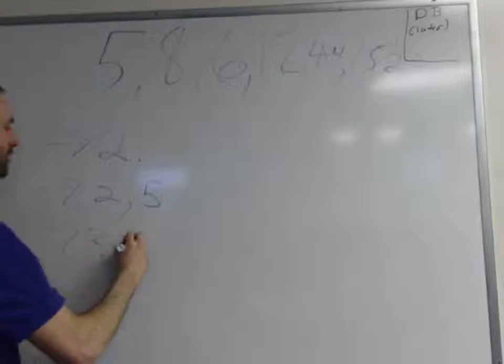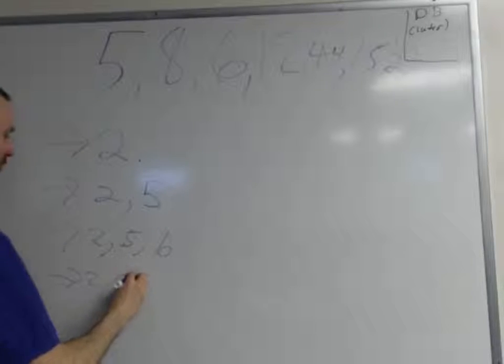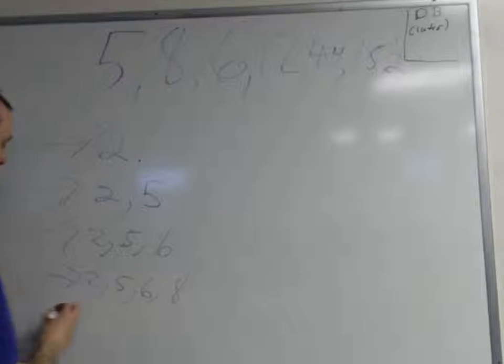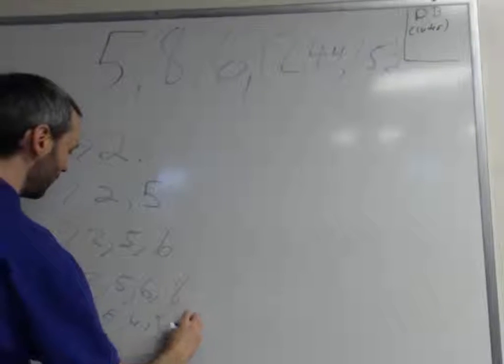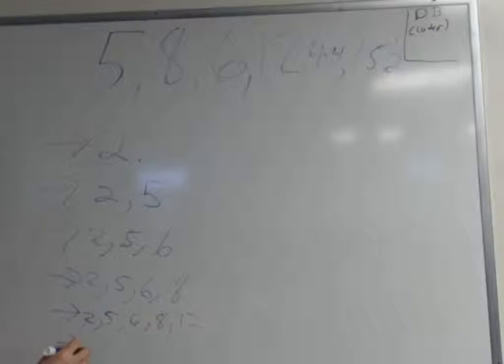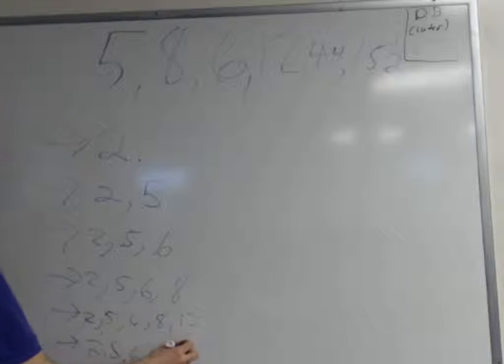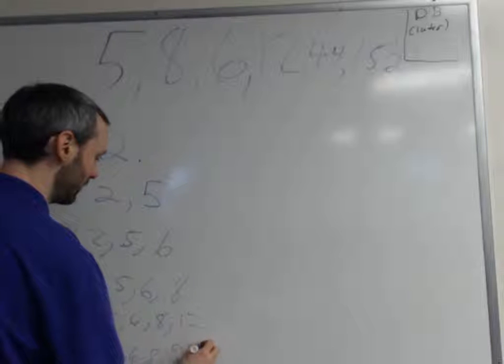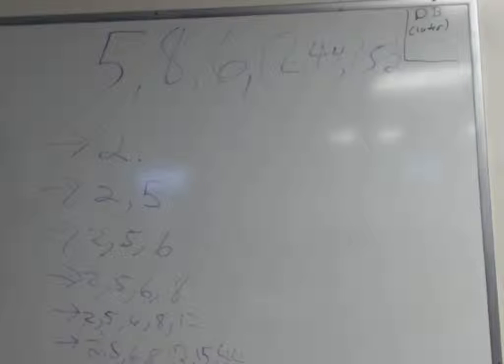Then you find the next smallest one, which is a 6. Then the next smallest one, 8. Then the next smallest one, 12. So we'll go dot dot dot, 2, 5, 6, 8, 12, 15, 44.